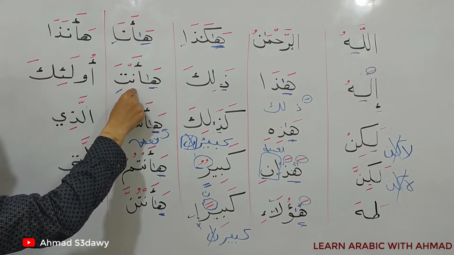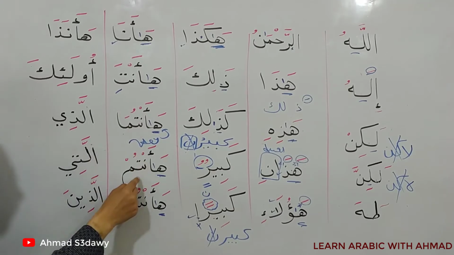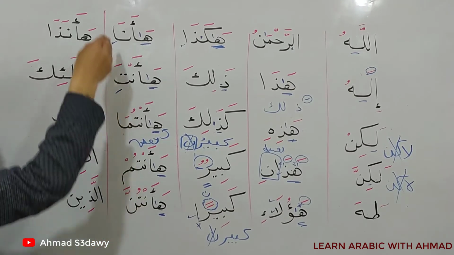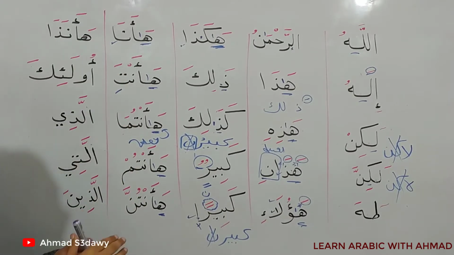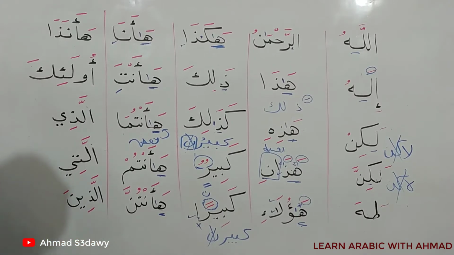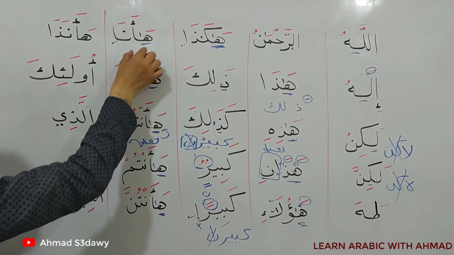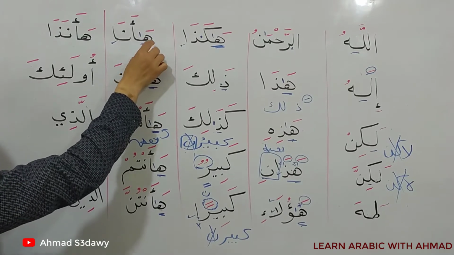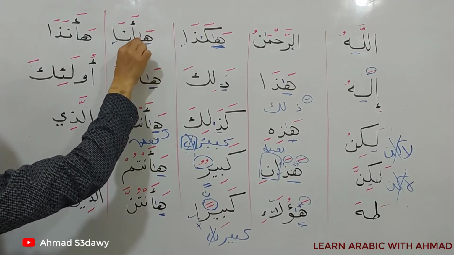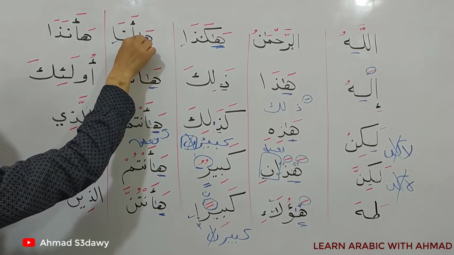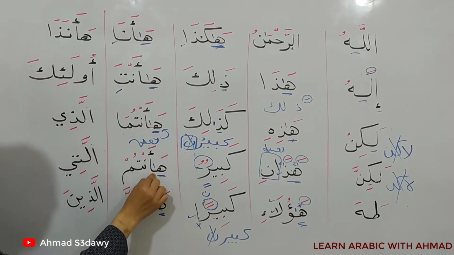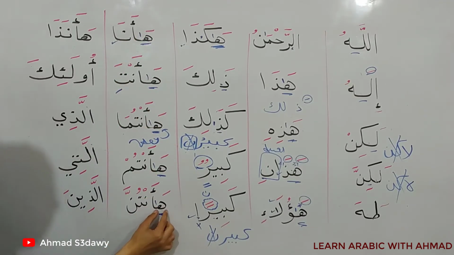So ana, anta, or anti, antuma, antum, and antunna, they are all pronouns that will be discussed later, inshallah, in detail. But for now, as long as I say ha, I have to lengthen the sound of the fatha, because actually there is a long vowel after the ha.